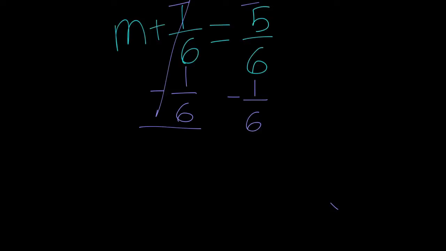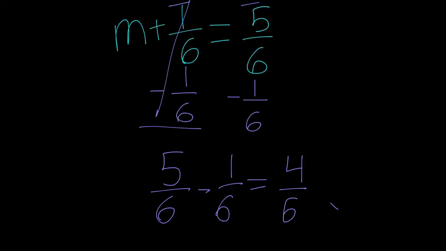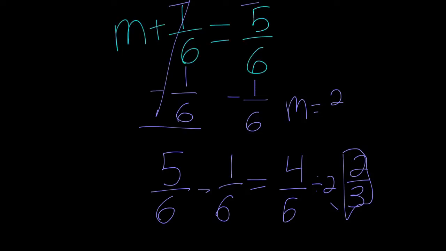So now you do 5/6 minus 1/6 equals 4/6. And then simplify your answer. So that makes 2/3. So m equals 2/3.